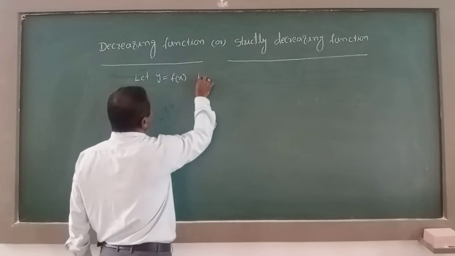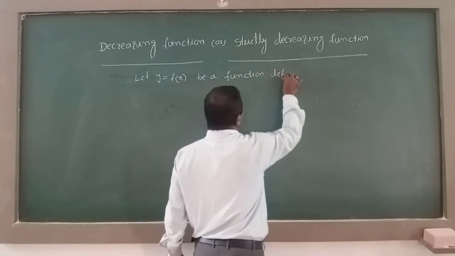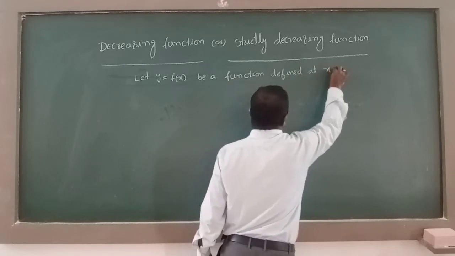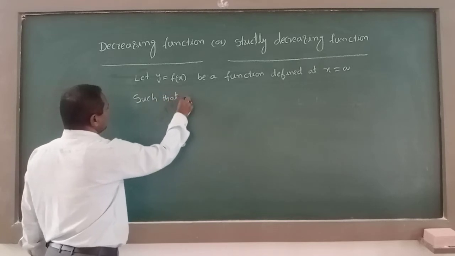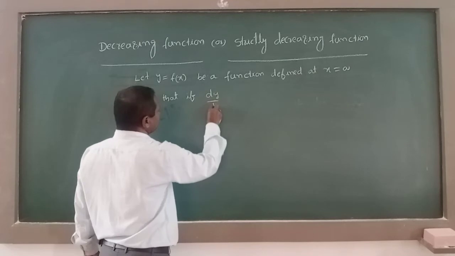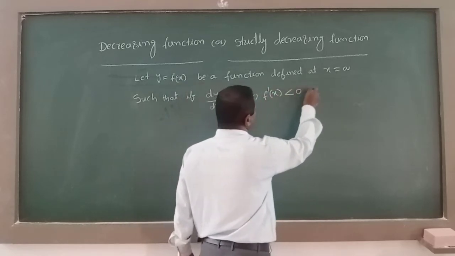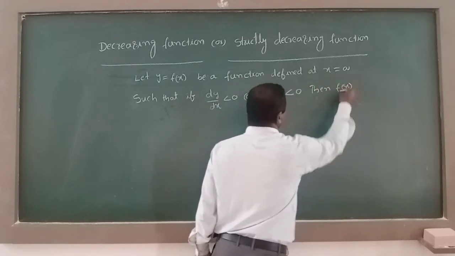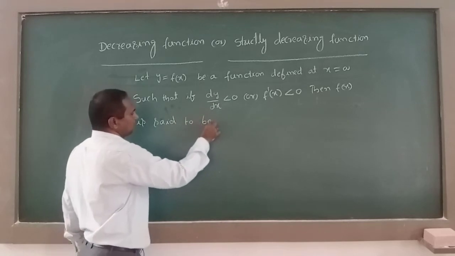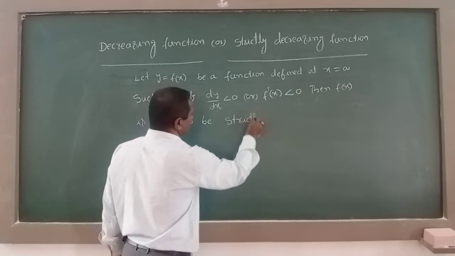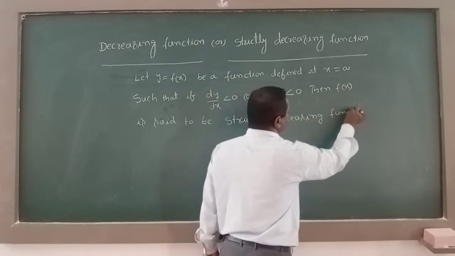Let y is equal to f of x be a function defined at x is equal to a, such that if dy by dx less than 0, or we can take it like this, f dash of x less than 0, then f of x is said to be a strictly decreasing function, or simply we can also call it a decreasing function, strictly decreasing function.